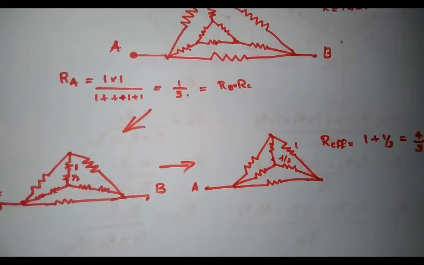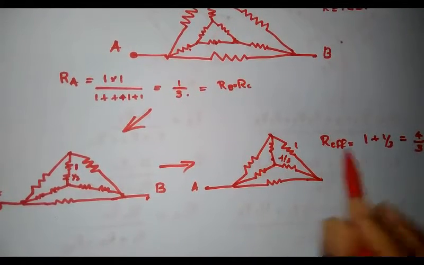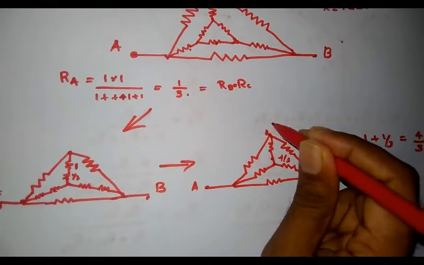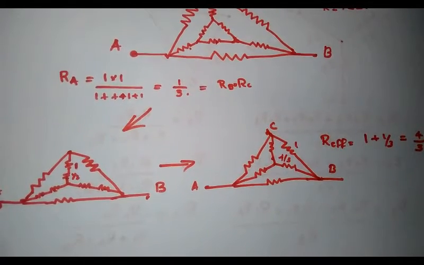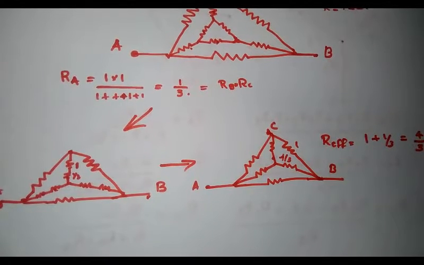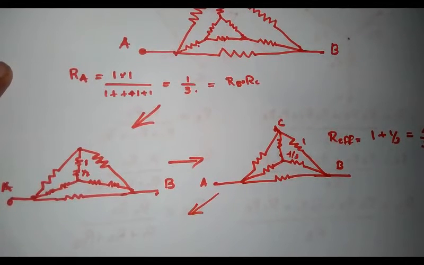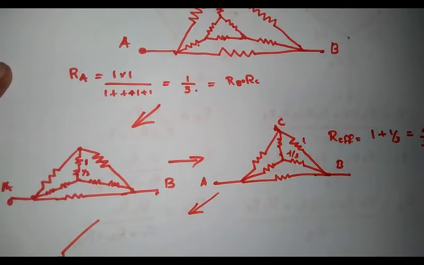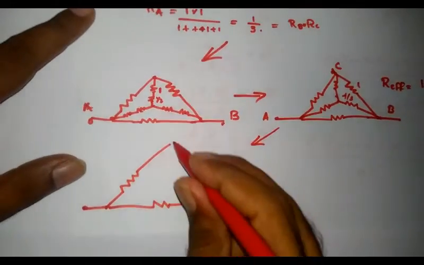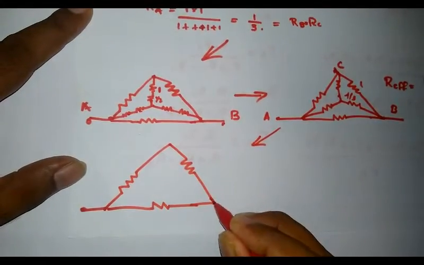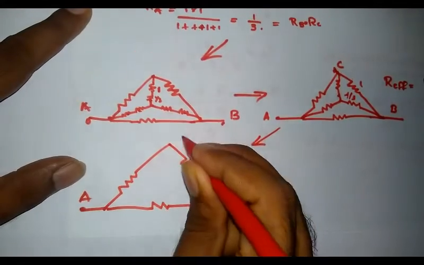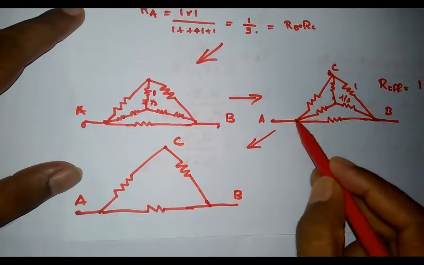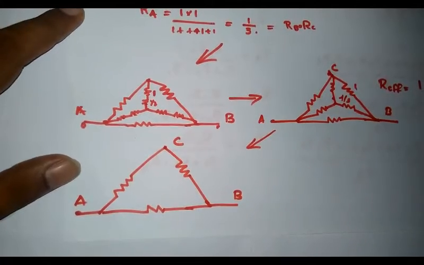Now I can see that this circuit, with this B point and this C point, is an equivalent of an outer delta and an inner star connected. My next step is to convert the inner star connected network into a delta connected network. Then I can redraw the circuit: this is my A point, this is my outer delta, this is A, this is B and this is C, and I have to convert this star network into an equivalent delta network.